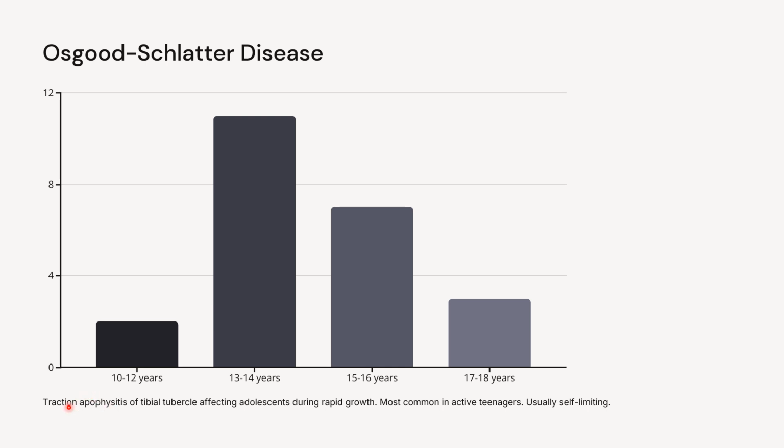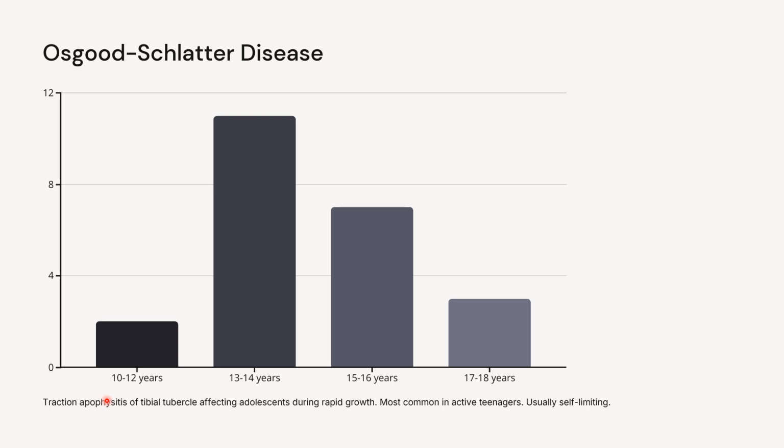So what is traction apophysitis? There is inflammation of this apophysis bone because of traction from the muscles. Why should the muscles cause traction and inflammation? That is because of overuse or repetitive stress.